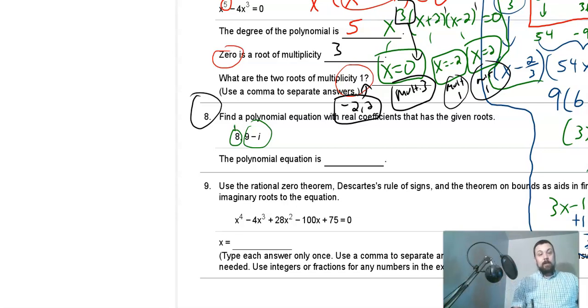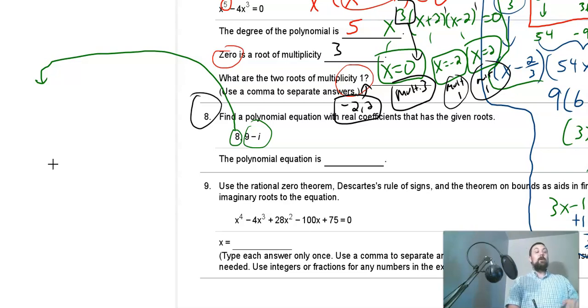So if we want 8 to be a root to our polynomial equation, that means 8 will be a 0 to our polynomial. And if 8 is going to be a 0, then x minus 8 would have to be a factor of our polynomial. So that's how we're going to work backwards from the solution to the equation. Right?